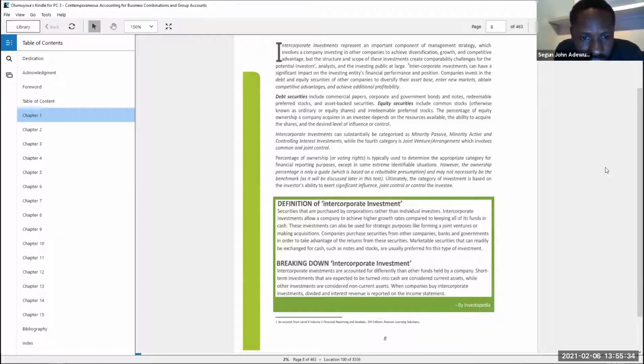Definition of intercorporate investment: securities that are purchased by corporations rather than individual investors. Intercompany investments allow a company to achieve higher growth rates compared to keeping all of its funds in cash.